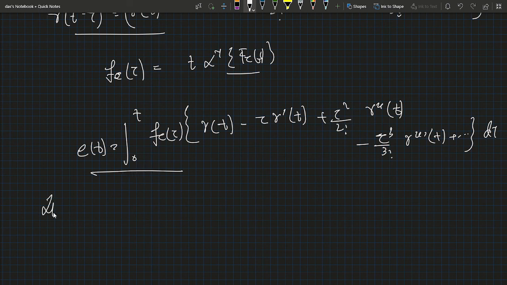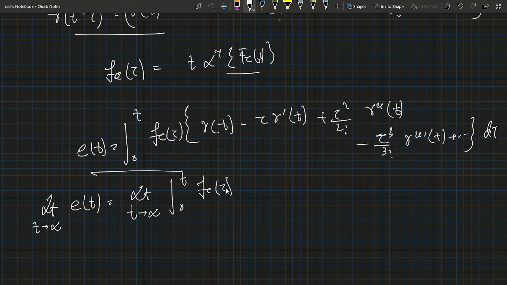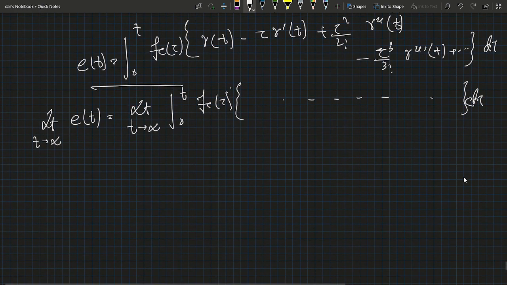So limit t tends to infinity of e(t), that is the limit t tends to infinity of the integration 0 to t. Again we write this equation f_e(tau), and in the bracket the same expression, this is d tau. Now take the individual terms on the right hand side.